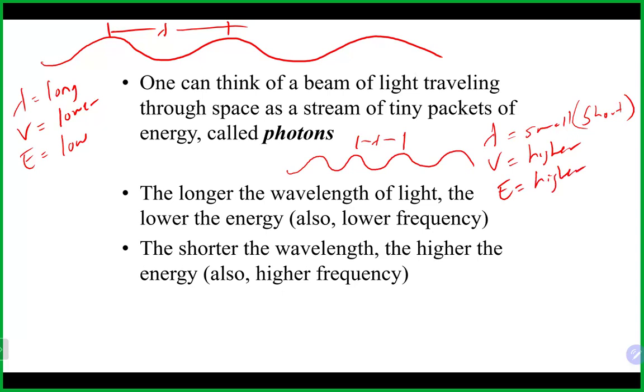So the higher the frequency, the shorter the wavelength, the higher the energy, and vice versa. The longer the wavelength, the lower the frequency, and the lower the energy. So again, there's that relationship when we look at wavelength and frequency to energy. And that goes for all types of light and electromagnetic radiation, like even colors. There is a difference between the energy of, say, red and purple based on their wavelength and their frequency.